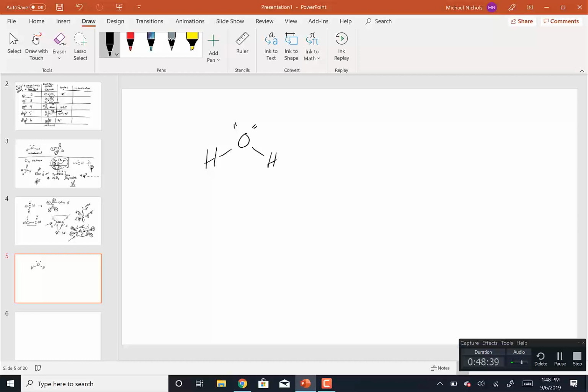Monday's topic will be drawing Lewis dot structures. But what happens if a molecule has multiple Lewis dot structures that are legit? Then we have resonance structures. And when you have resonance structures, they don't all have the same energy, so how do we tell which one's more or less stable?